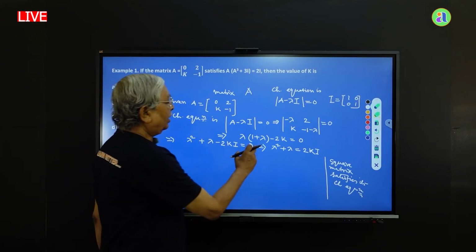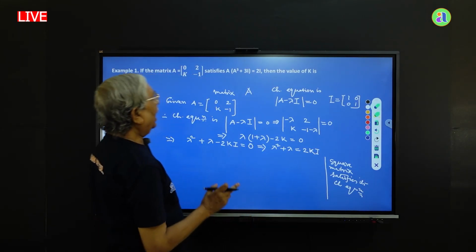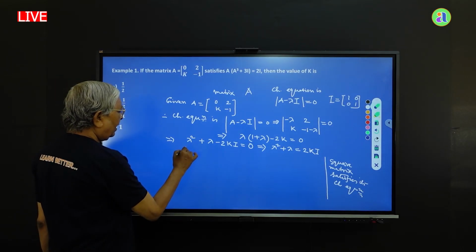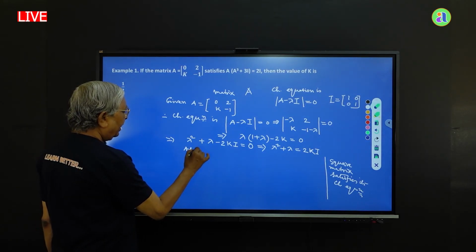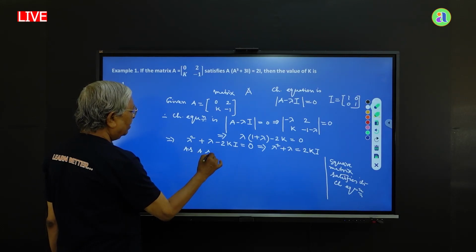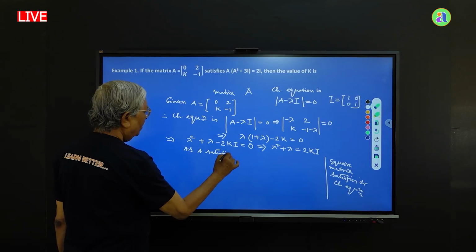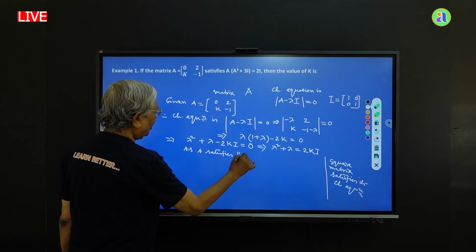So we have got a characteristic equation and you are given the matrix A. So we can write that A satisfies this equation.